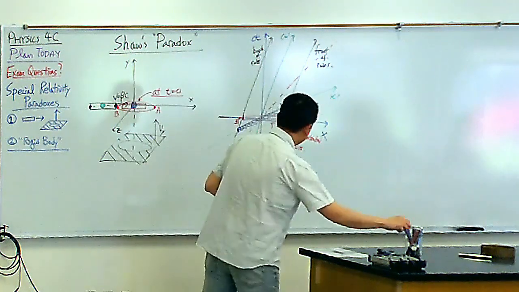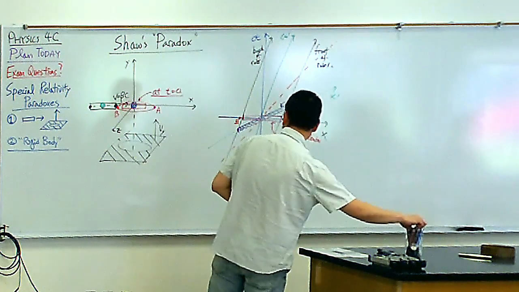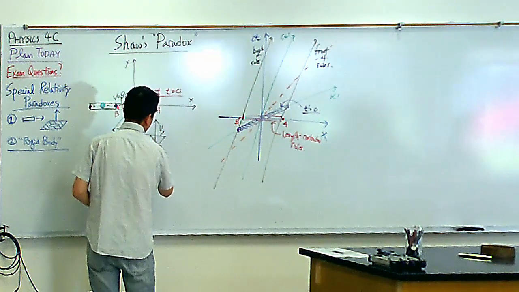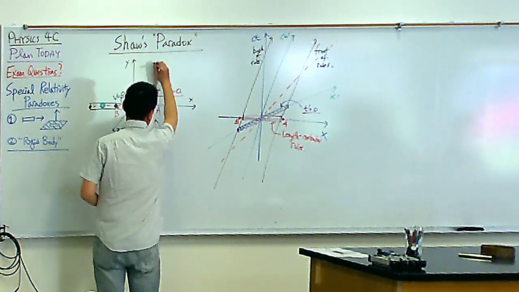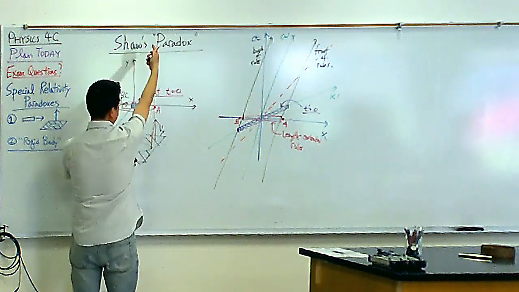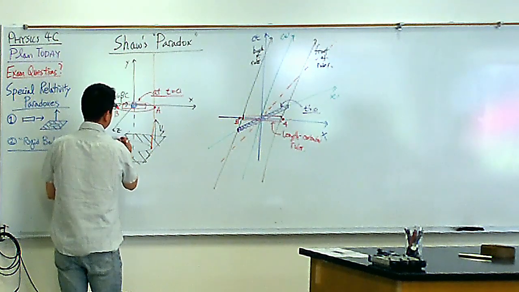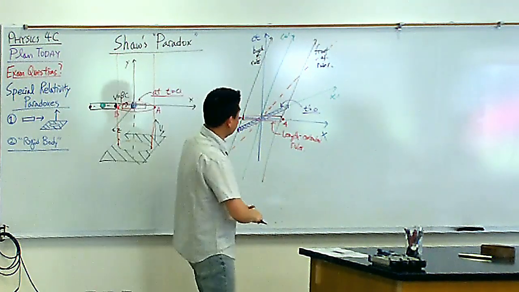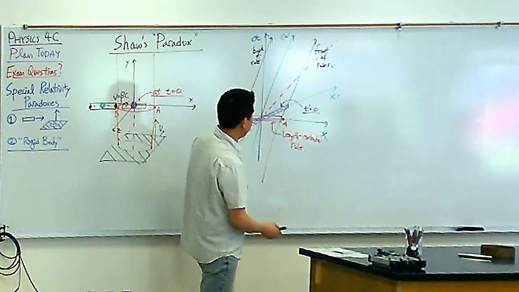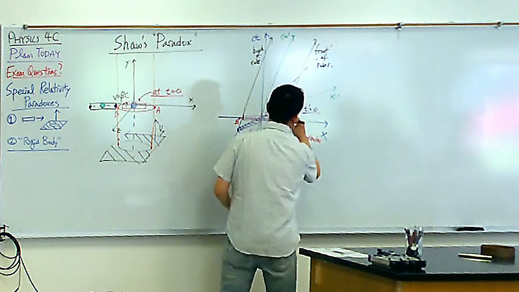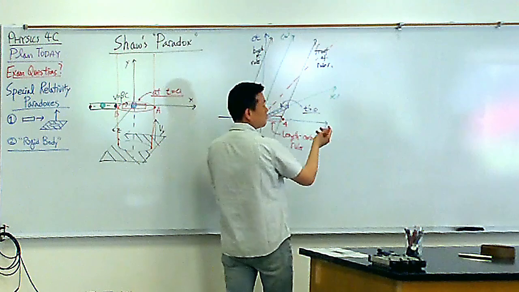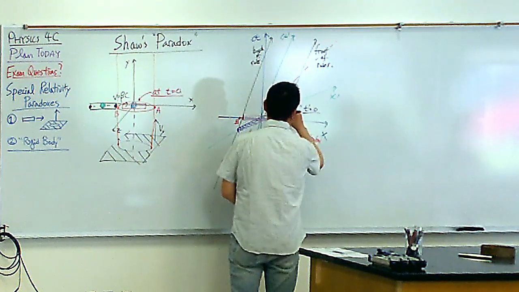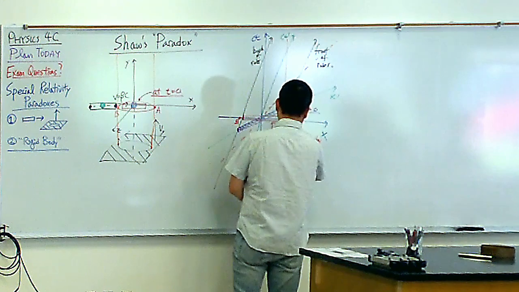So let me use a different color, orange, for the trajectory. So the one point of the edge moving up, this is one kind of trajectory in time. And if I sketch that in here, then the trajectory of this point, the part of the hole that was at this point, event A, looks like this.